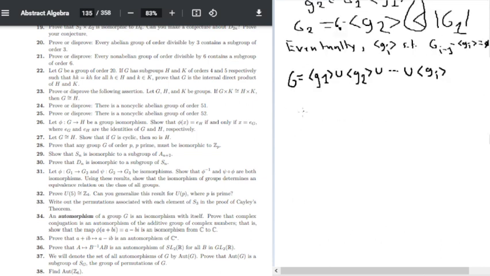I'm going to scroll down. You guys will see my workspace, which means that the order of G is equal to the order of G1.